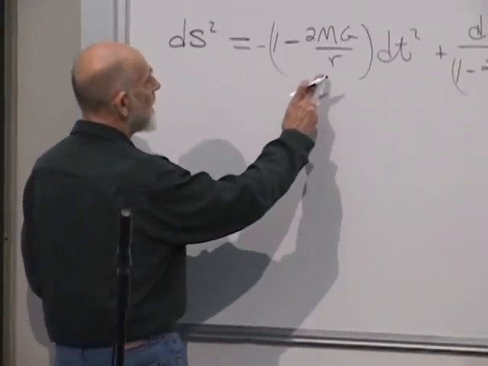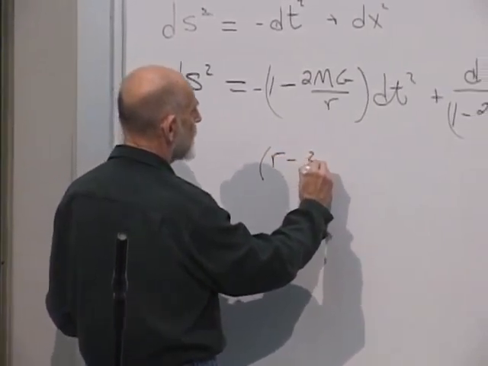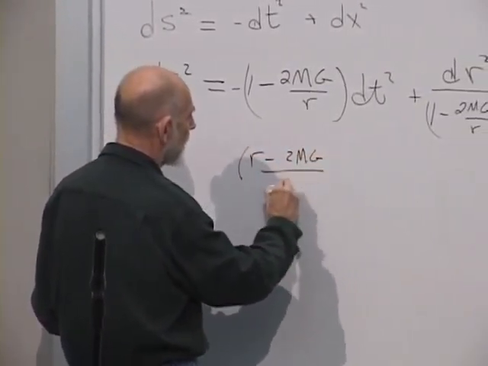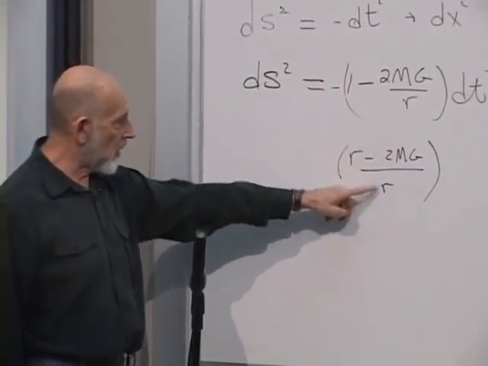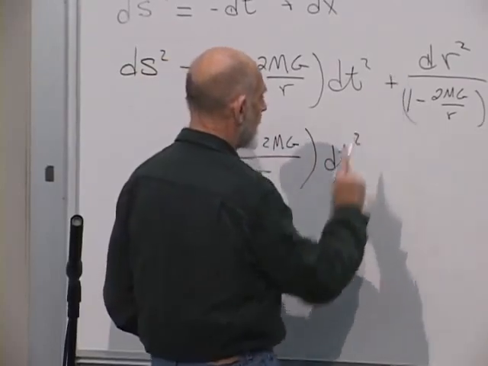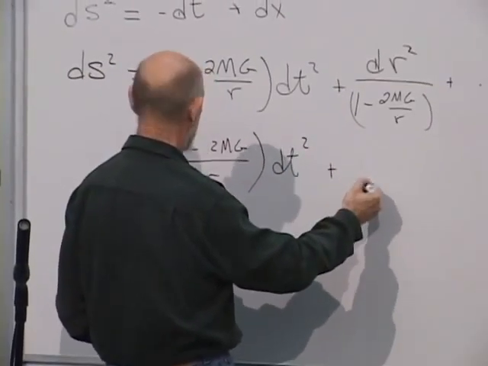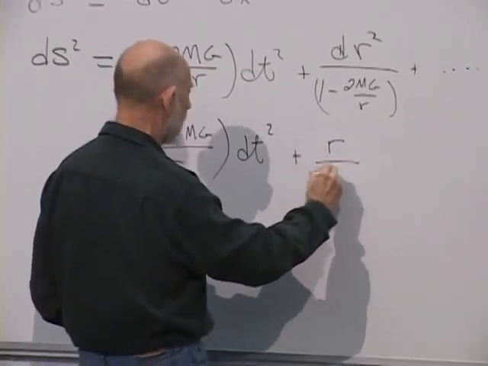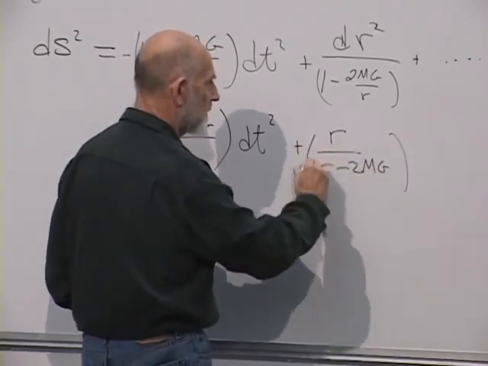let's rewrite the metric once. Let's write this as (r minus 2mg) over r, I've just written 1 as r over r, dt squared, minus, and this is plus, r over (r minus 2mg) times dr squared.